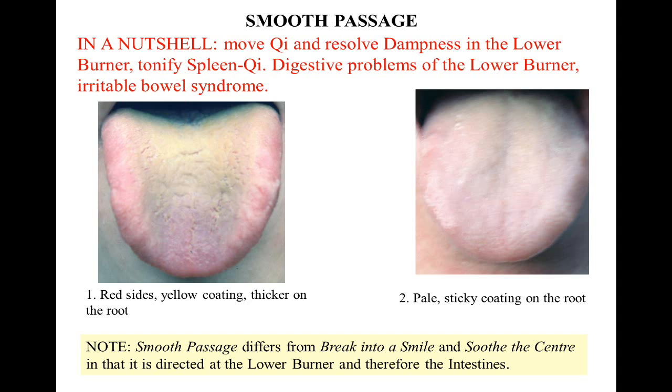So in this case, you don't really see the Qi deficiency on this tongue. Why? Because the liver Qi stagnation makes the sides red. So you could say that in this patient, of these 3 patterns, the liver Qi stagnation and the dampness predominate over the deficiency. The patient on the right, you could say that the deficiency predominates over the Qi stagnation.